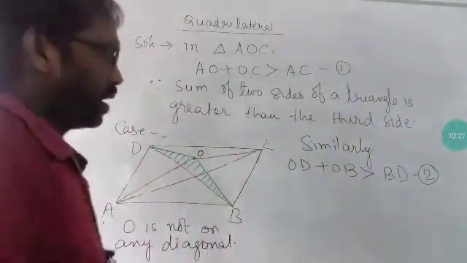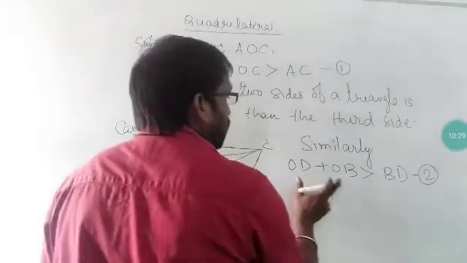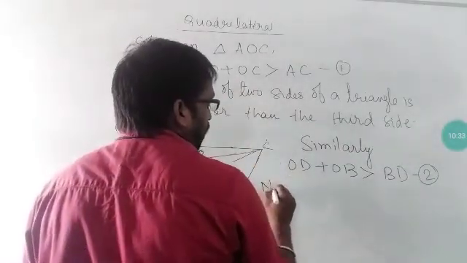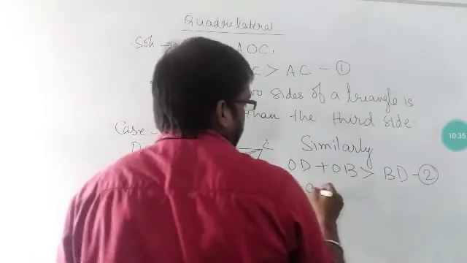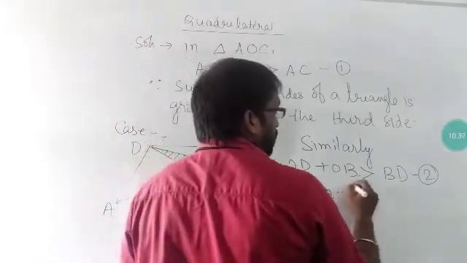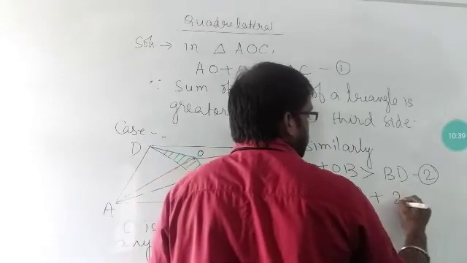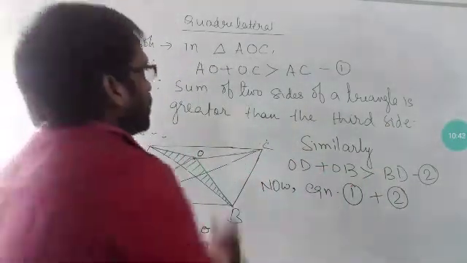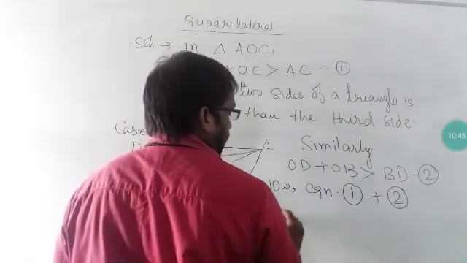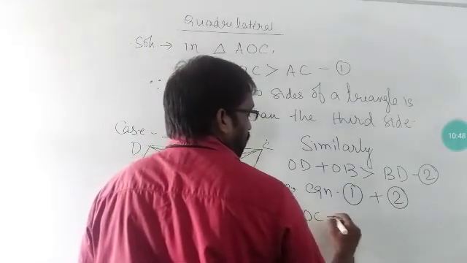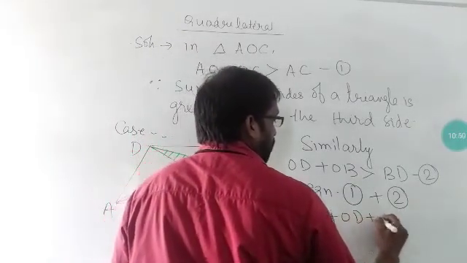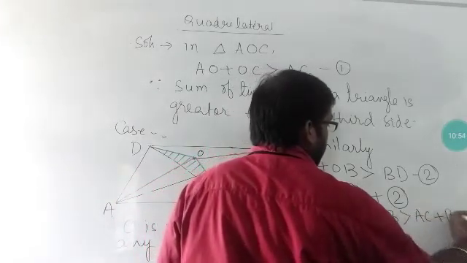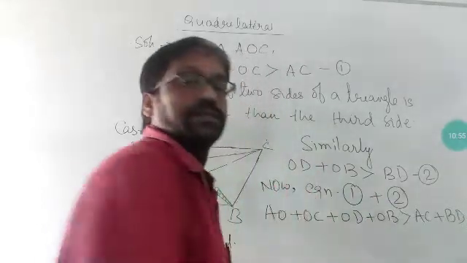Now in hand we have two equations, so we can add both the equations. So we'll do equation 1 plus 2. Then simply AO plus OC plus OD plus OB is greater than AC plus BD.